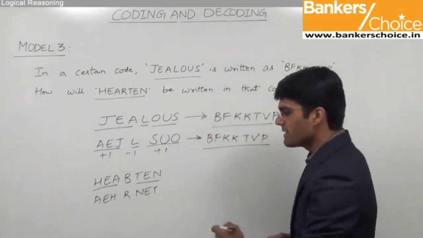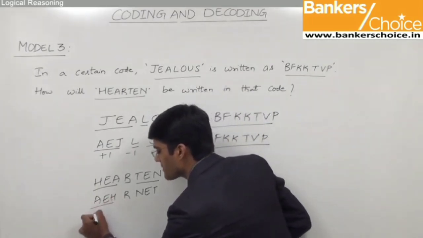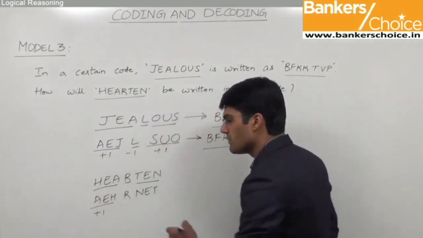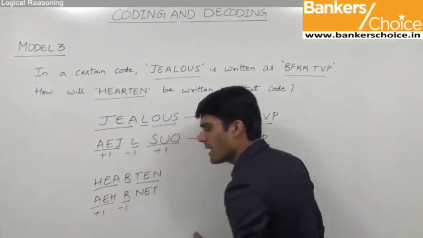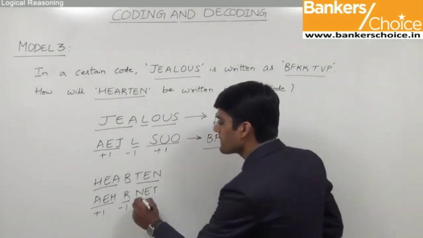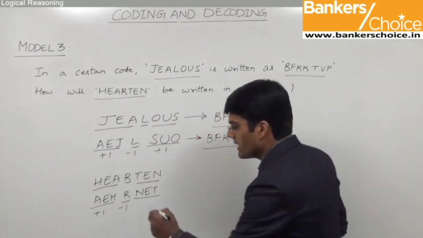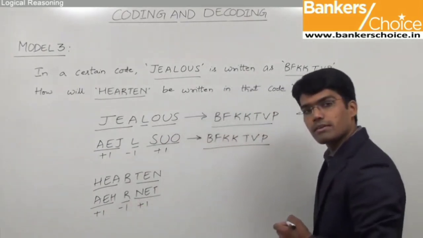And the final step is to shift the letters in the first part by 1 position in the forward direction, the second part by 1 position in the reverse direction, and the third part again by 1 position in the forward direction.